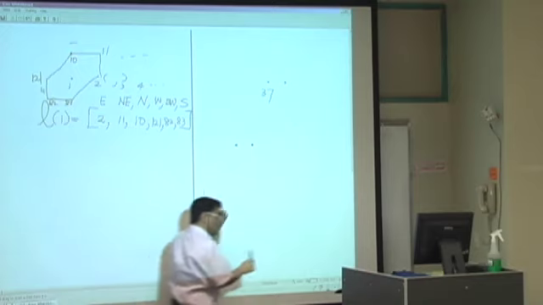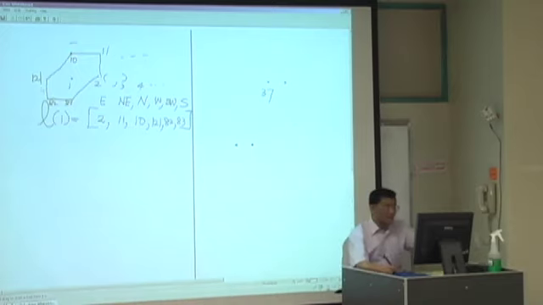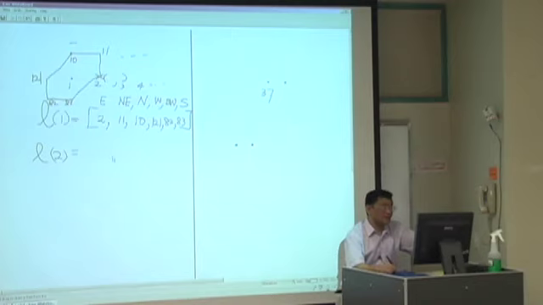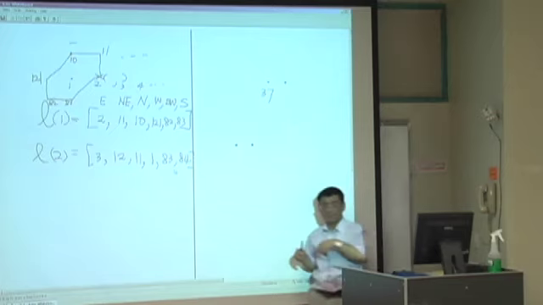Then let's find the second link information. So please find second link information on your own. So assume that you have a point right here, and find the second link information. What is the east point? If you don't understand, you may ask me.